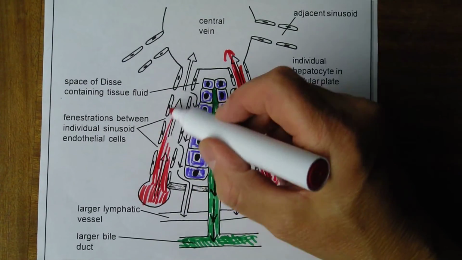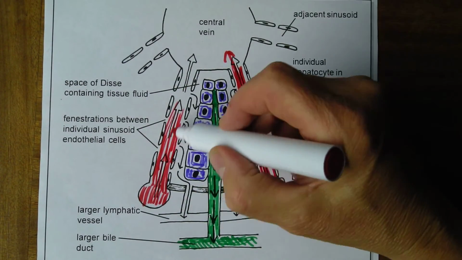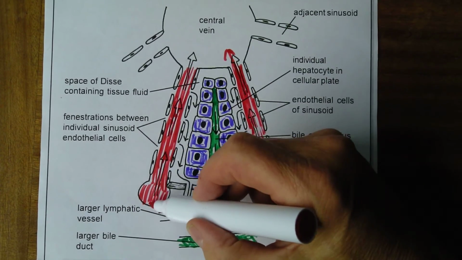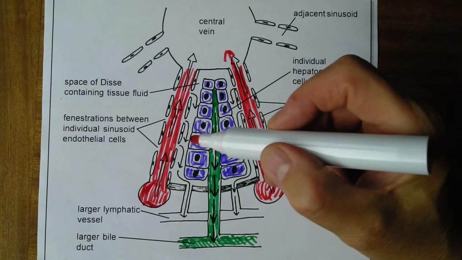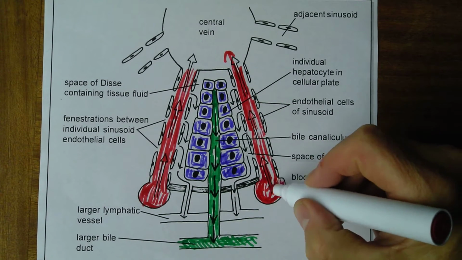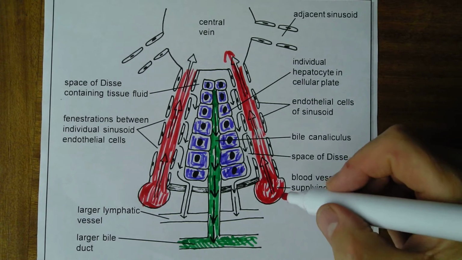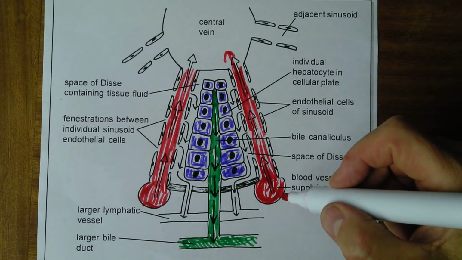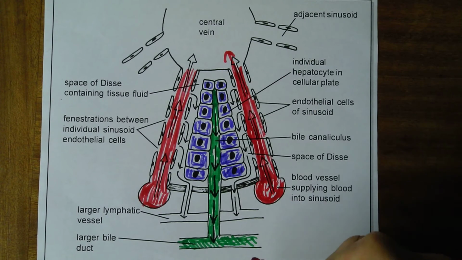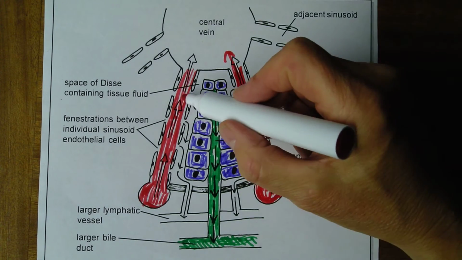So at the corners of these hepatic lobules, for a long time people have described triads. The triad was a combination of the branch of the hepatic artery, a branch of the hepatic portal vein, but we've only drawn one of them in this diagram. And the third component of the triad was the larger bile duct.